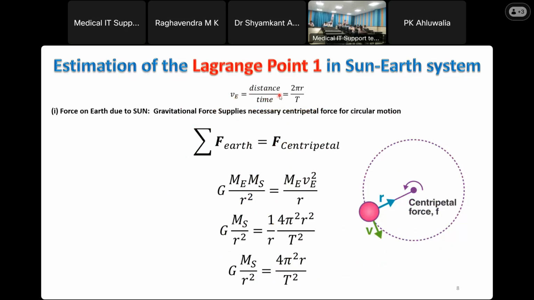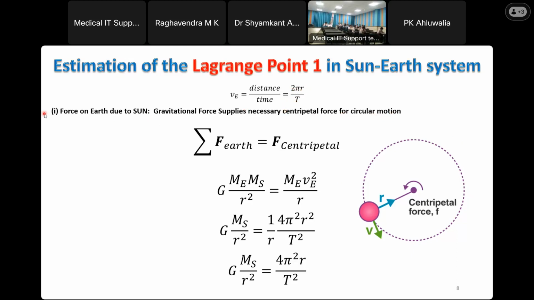When the Earth is orbiting in the radius r, it covers a distance of 2 pi r in 365 days, that is the period. So 2 pi r, the circumference of the orbital path, is divided by time.